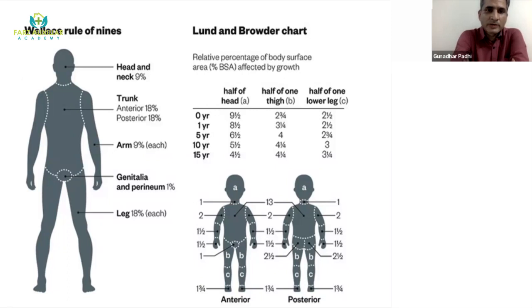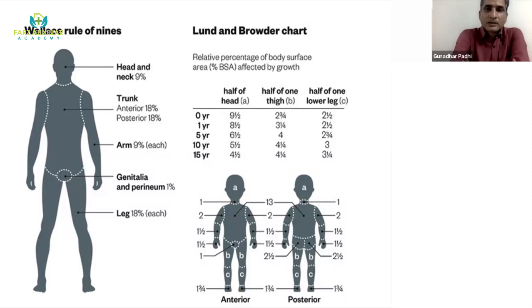So ventral part of the body 18%, posterior part of the body 18%. That is the reason any burn which involves the chest or abdomen or back of the patient automatically places the patient in the major burn category.